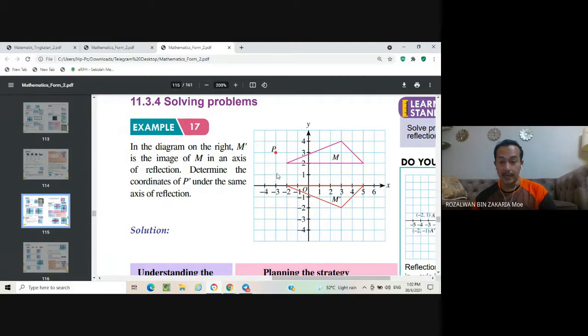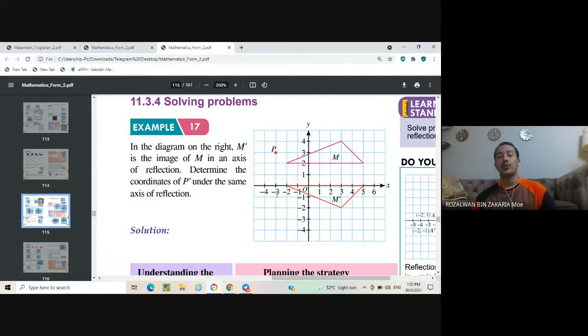So the image of the point P should also be 2 units away. So calculate 2 units, 1, 2, here. You label this point, you mark this point as P prime. So the coordinates of P prime are (-3, -1).